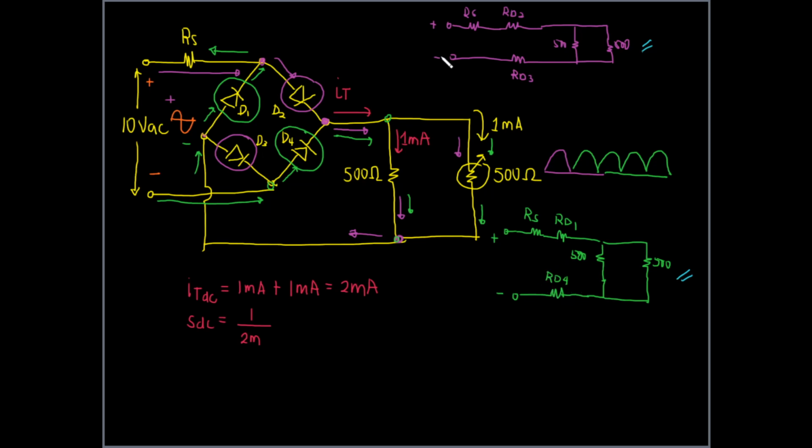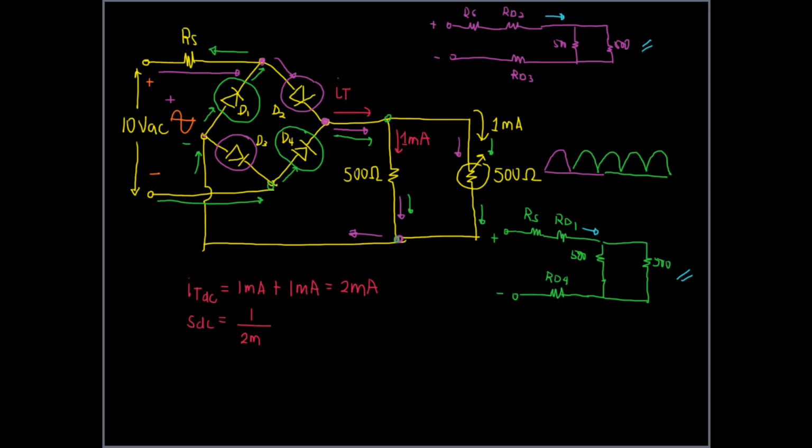Secondly, the total current for each of the alternations is also the same. So the resistance of the bridge will not affect the total current because they are connected in series as seen from these two terminals of the probe. So hence in our solution, we will not repeat anymore the total current of 2 mA and the sensitivity DC of 2 mA.